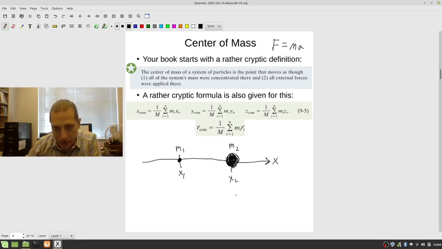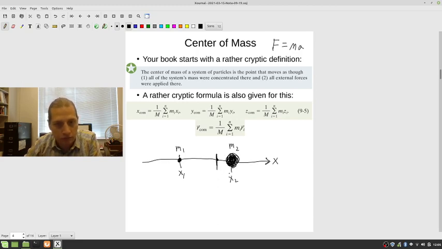Now let's say that you had these objects connected with a massless rod of this sort, and you try to balance them on your finger. Well, if you were going to do that, you know from experience that the place where you balance it on your finger has to be closer to the big mass than to the small mass. And that point is the center of mass. So that is some kind of intuitive notion of what this is.